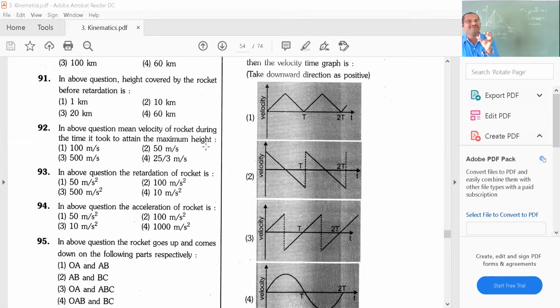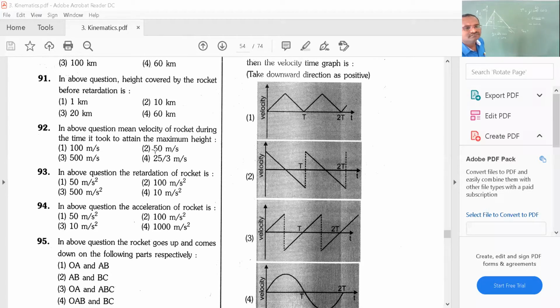Mean means average velocity of the rocket during the time it took to attain the maximum height. So what is the average velocity?